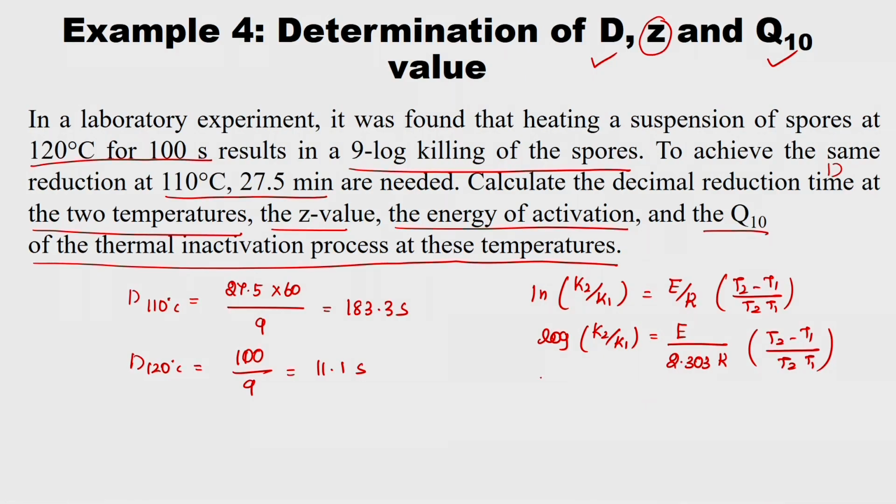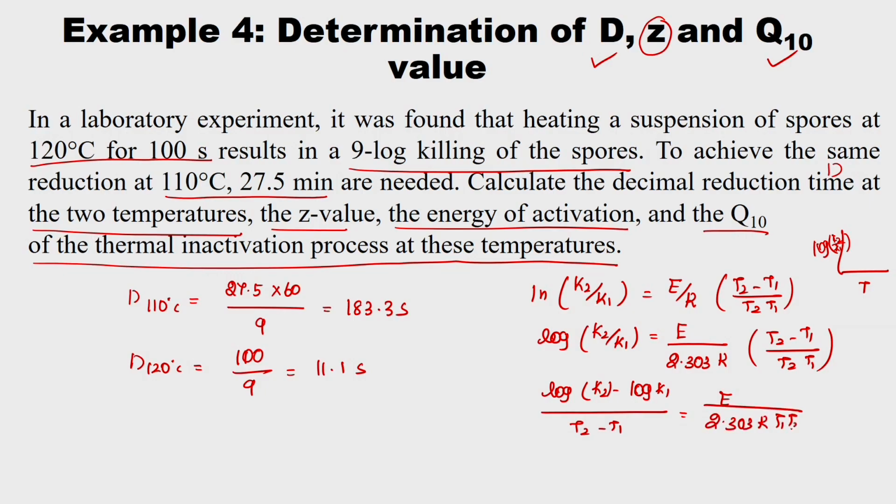So if I had to calculate the slope of this line, in the sense if I plot temperature versus log of K2 upon K1, right, then the slope becomes log K2 minus log K1 upon T2 minus T1, which is nothing but E upon 2.303 R T1 T2.